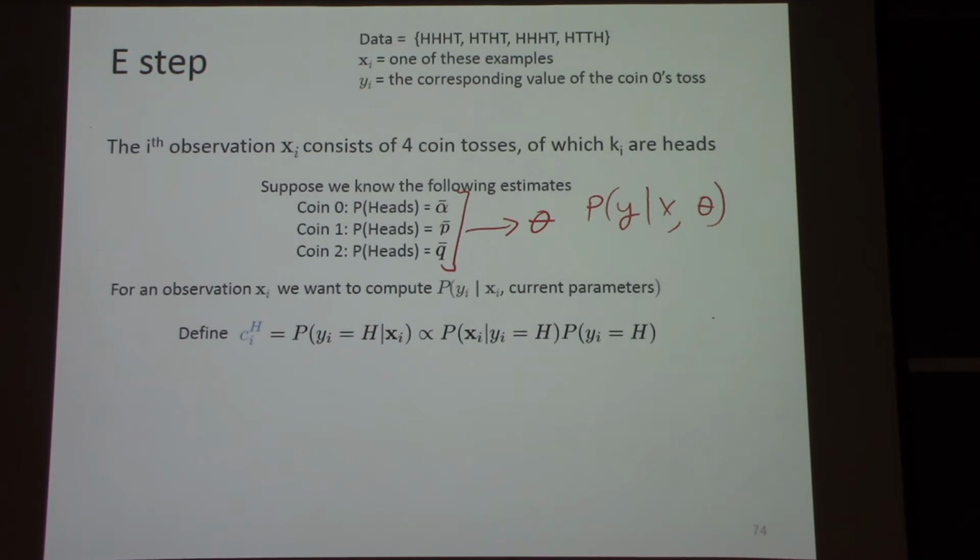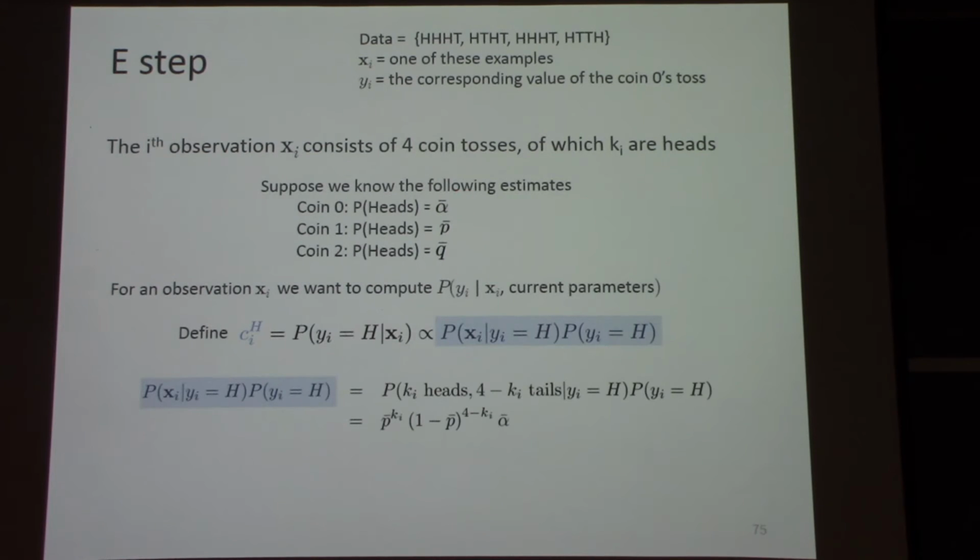Let's say, what is p of y equals heads given x comma theta. By Bayes' rule, that's proportional to the likelihood and the prior. If you have k heads and 4 minus k tails, we can write down the probability. I'm going to define this quantity, the probability that a particular set of examples came from coin 0 being heads. Let's call that CIH.